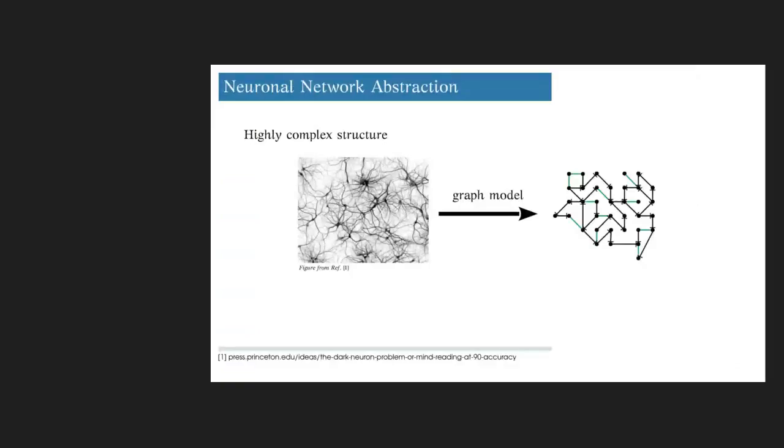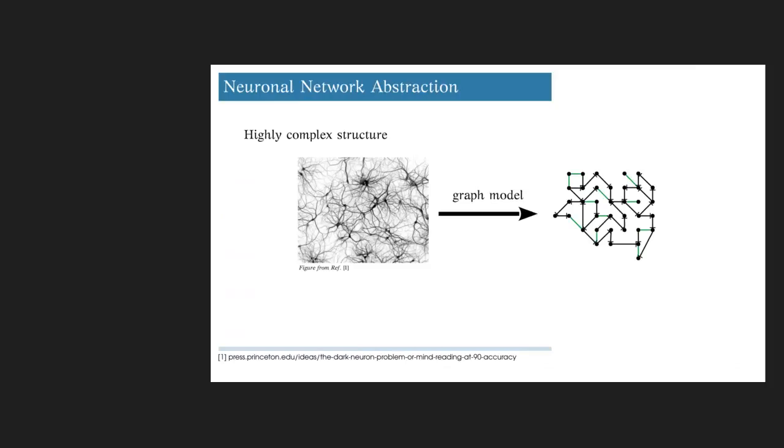First, we need to abstract the neural network because the structure of the brain is very complex. So the first abstraction that we can think of is a graph model. So we transform the real neuronal network into a graph model.